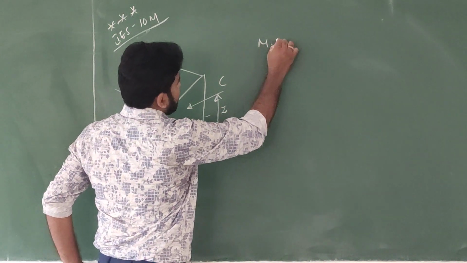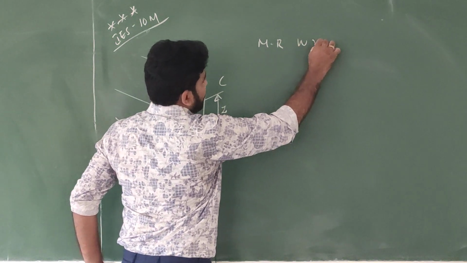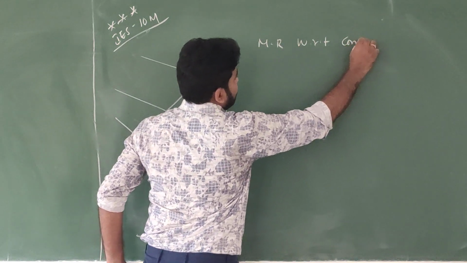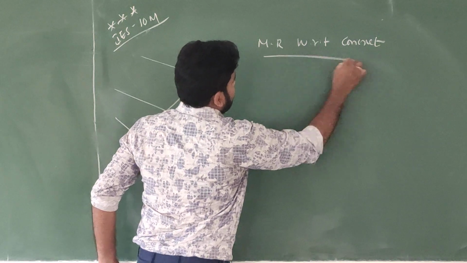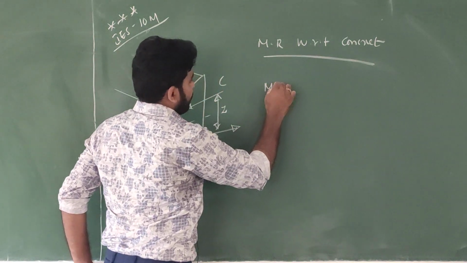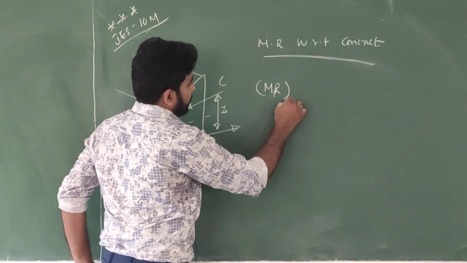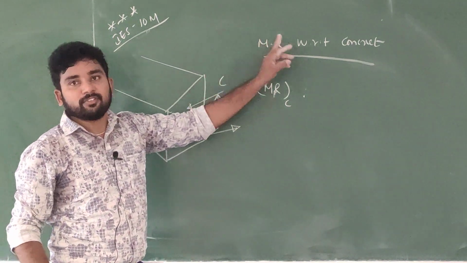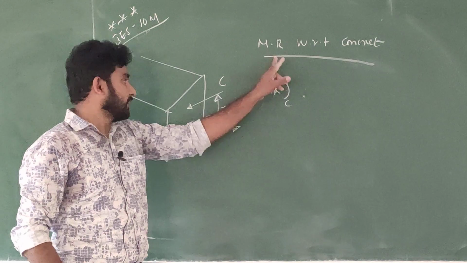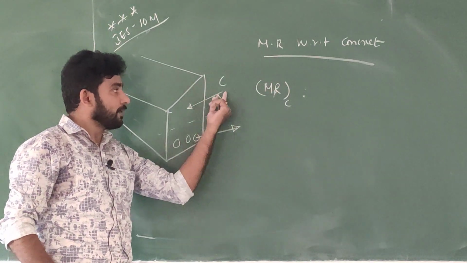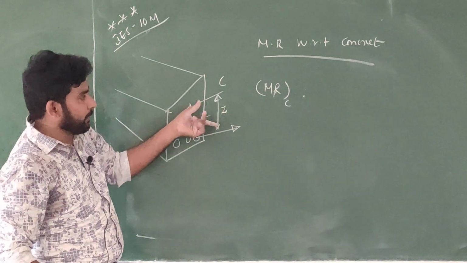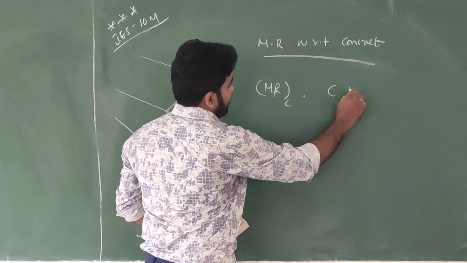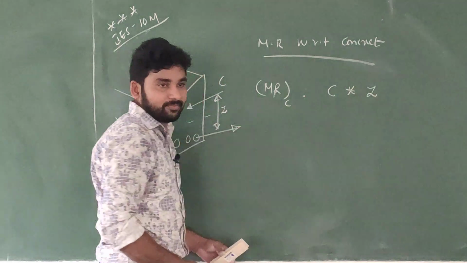So the moment of resistance with respect to concrete, I am denoting it. We already know moment equals force into perpendicular distance. Which force? Compressive force into perpendicular distance, which is C into Z.